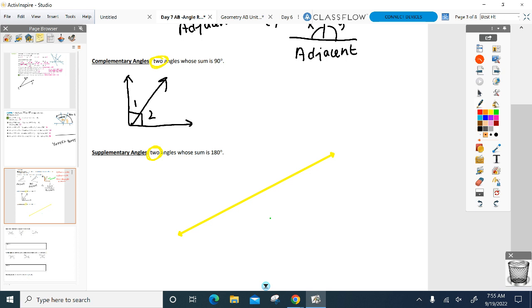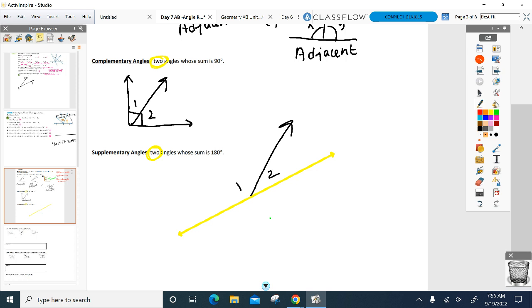What's the angle measure of this line? There you go. 1 and 2 are supplementary. They form a straight line, which measures 180. They also are what? Adjacent.